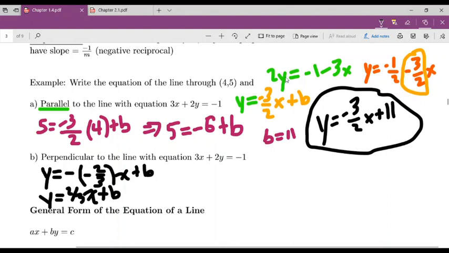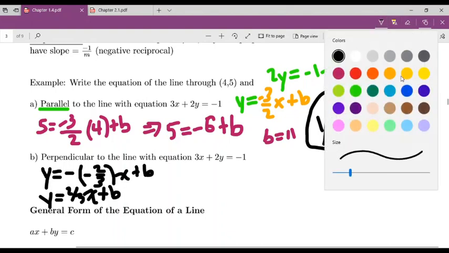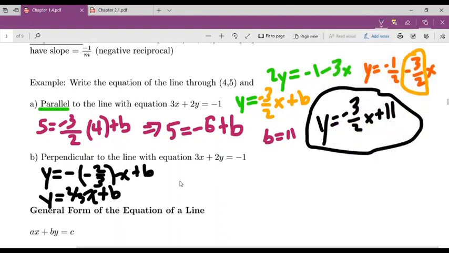All you got to do to solve for that b is to plug in that (4, 5). Okay, change colors so we don't lose track. So I'm going to plug 5 in for y. 5 equals 2/3 x, so that x is a 4. And then we need that plus b here.